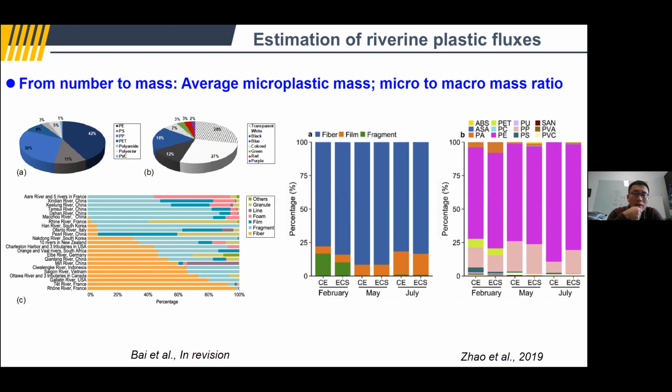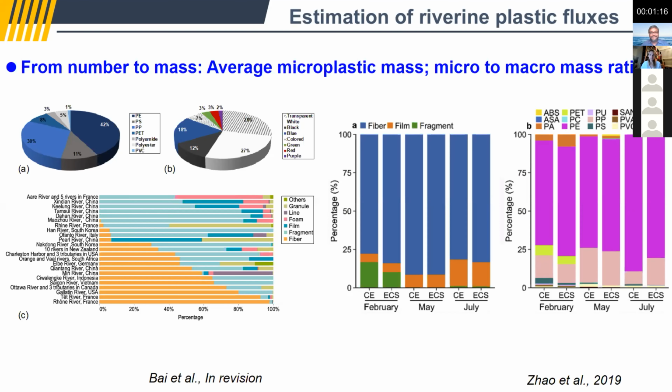Similarly, on the right, from the Yangtze River estuary, we can clearly see that fibers are the dominant type. But the problem is that the average mass of those fibers is very small compared to the fragments. So if we simply transfer the microplastic mass based on their numbers using a single, simple transfer factor, that would be a problem.